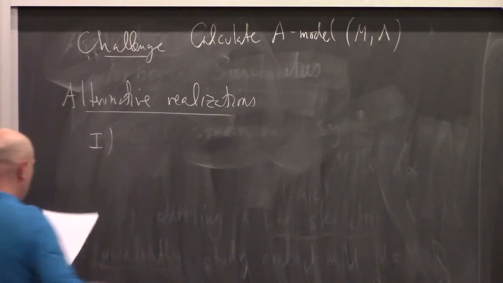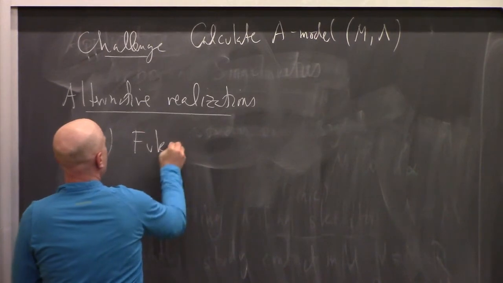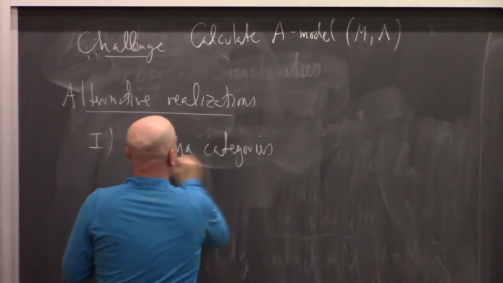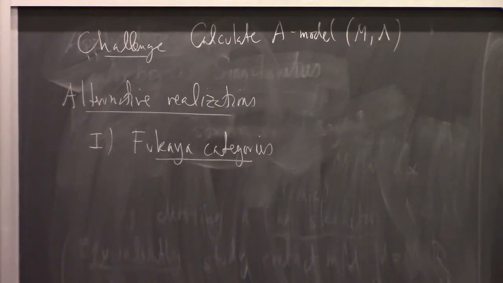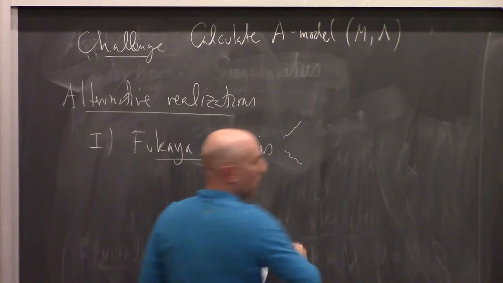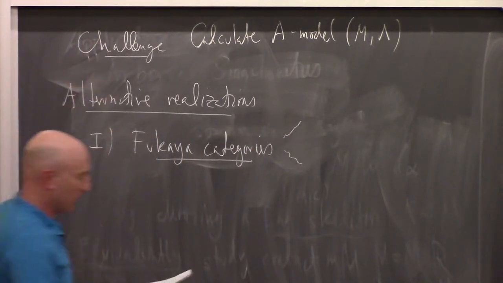So the first, and the lingua franca of this conference, is Fukaya categories. Here already there are some choices to make, and there are two natural versions, among others, that one can associate when one has a setup like this.